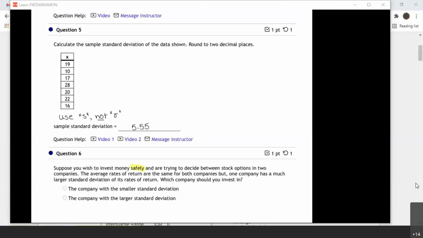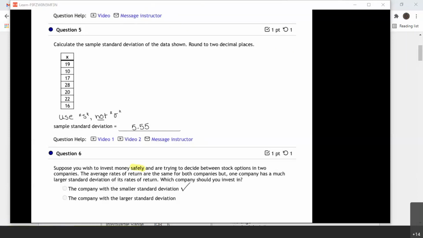Everybody's saying smaller. And that's correct if you want to be safe. Because what does the smaller standard deviation mean? So what does the smaller standard deviation mean about the rates of return?